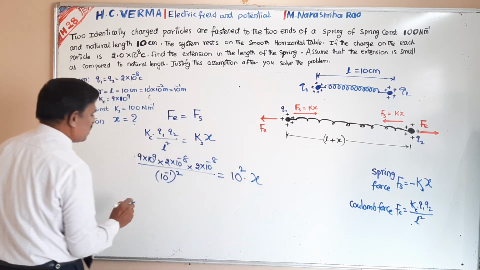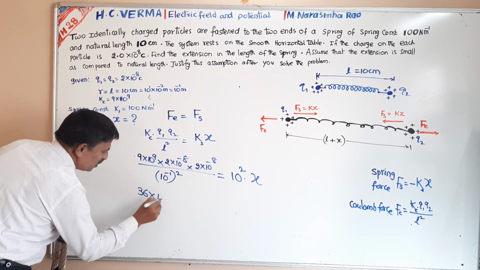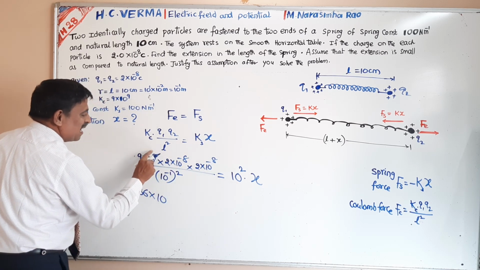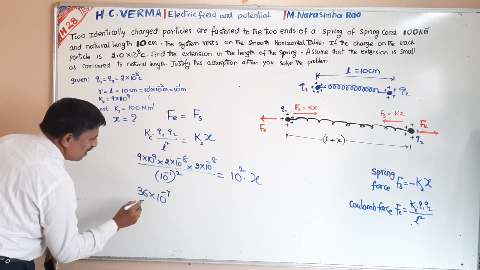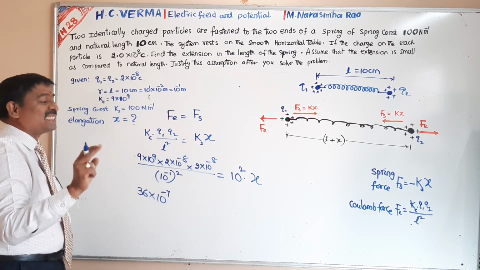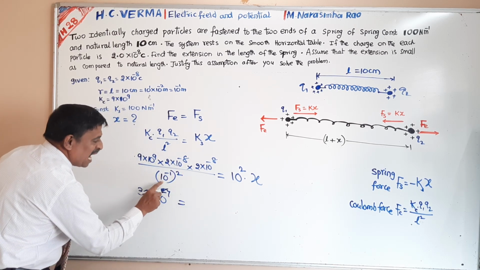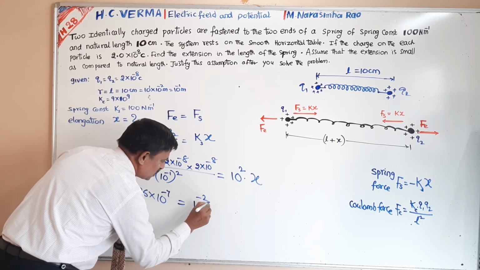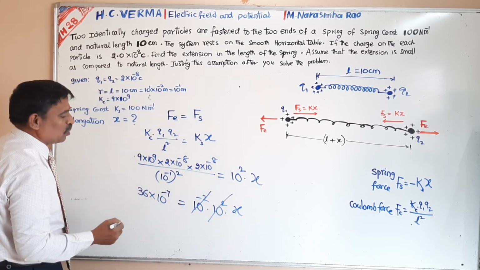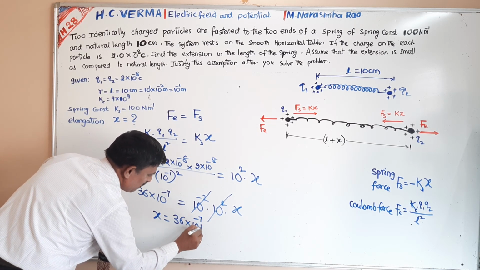X means elongation. 2 into 2 is 4, 4 into 9 is 36, times 10 power, minus 8 minus 8 is minus 16, 10^9 × 10^-16 gives 10^-7. In the denominator, 10^-2 comes to this side as 10^2 times x, and the 10^2 and 10^-2 cancel. So x is equal to 36 × 10^-7 meter.